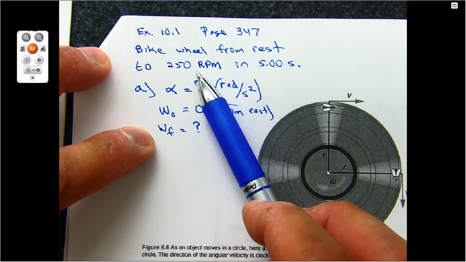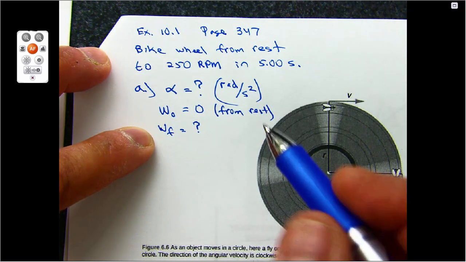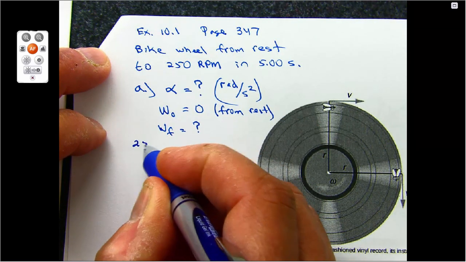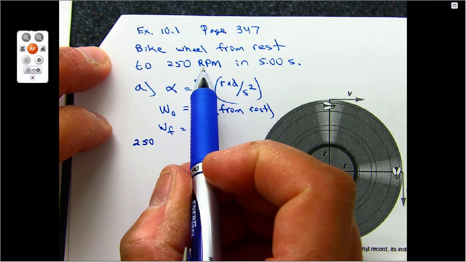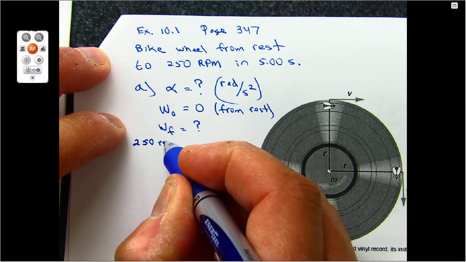We need to convert 250 RPMs to radians per second. So we can do that with 250, what's RPM stand for? Revolutions per minute. So I'm going to put revolutions down here.